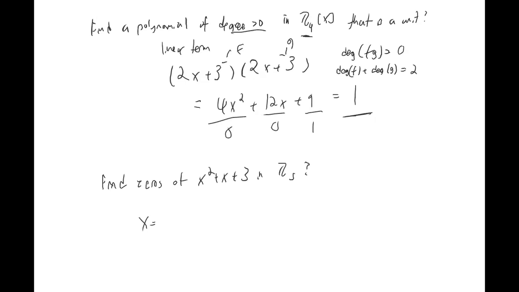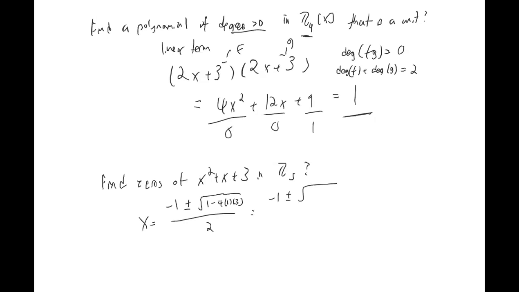Let's write out what the quadratic formula is. x equals negative b, so that's -1, plus minus the square root of b squared, which is 1, minus 4ac, all over 2a. But you have to think about it in the operations of Z5.